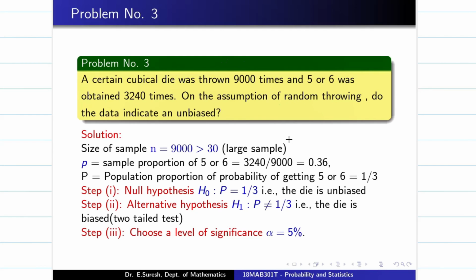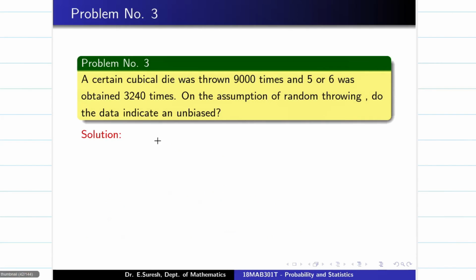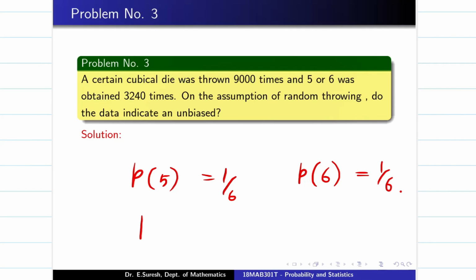Okay, I'll explain you. A die is thrown 9,000 times. You have to get 5 or 6. So probability of getting 5 when you throw a die is 1 by 6. Probability of getting 6 is 1 by 6. Probability of getting 5 or 6. There is nothing common between 5 and 6.